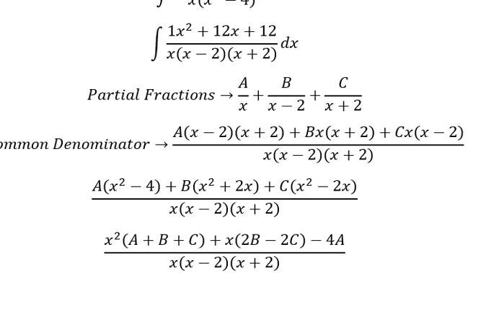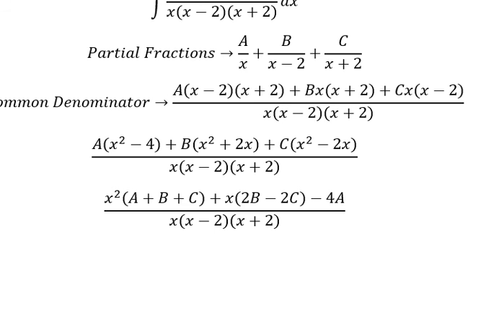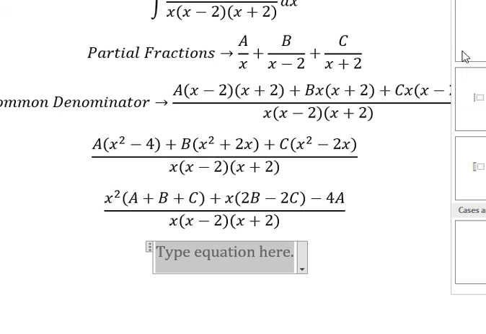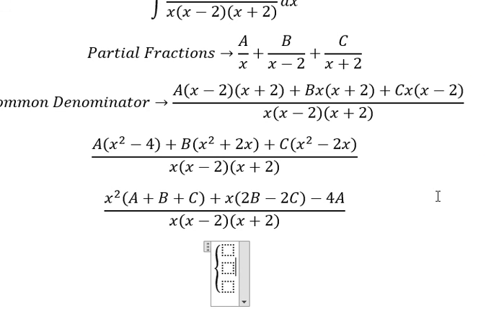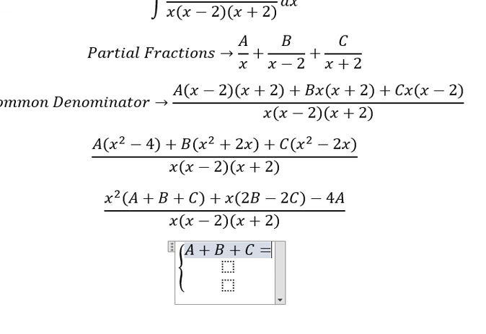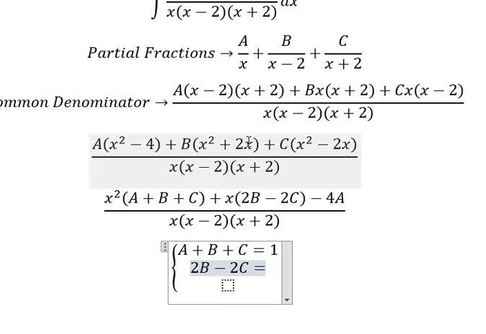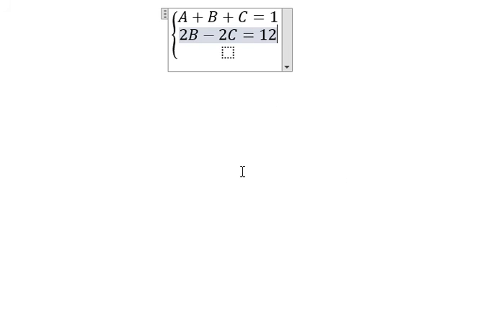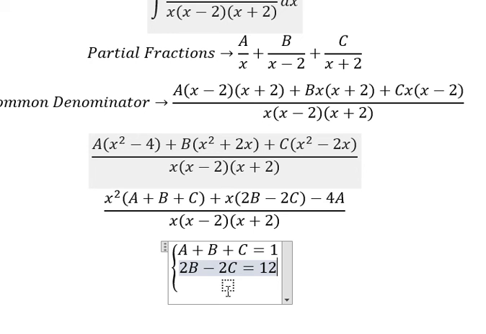So we create the system of equations. So we have A plus B plus C equals number 1. 2B minus 2C equals number 12. And the last one is number 12.